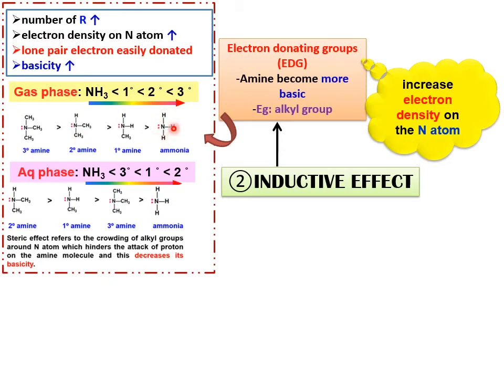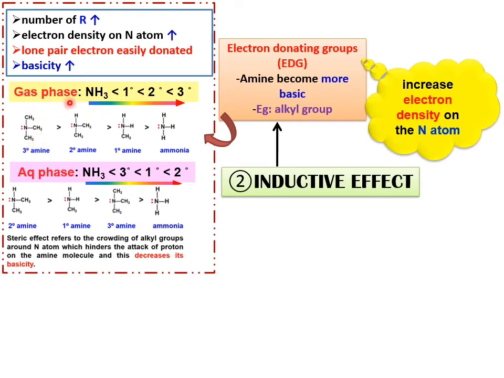Ammonia ni adalah basic amine ya, sebab dia tidak ada alkyl group. So ammonia always the lowest basicity because doesn't contain any alkyl group. Primary amine tinggi sikit basicity, diikuti oleh secondary dan tertiary. Sebab tertiary paling tinggi according to dia punya alkyl group. Nampak? Alkyl group that bond with nitrogen atom in tertiary amine ada 3 kelas. So lagi tinggilah basicity dia.